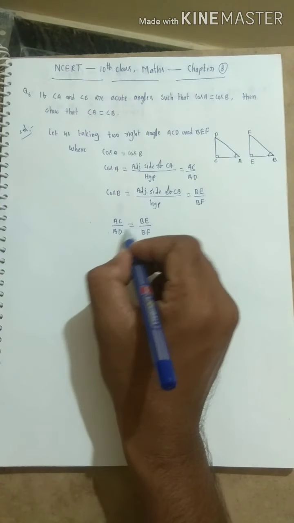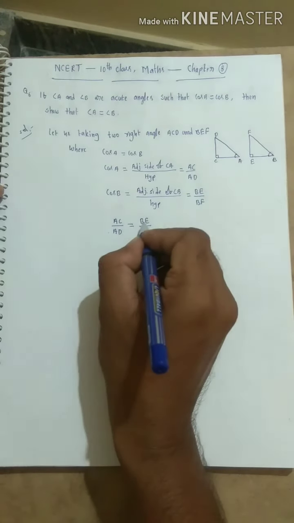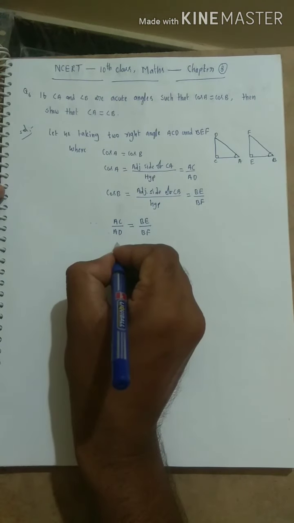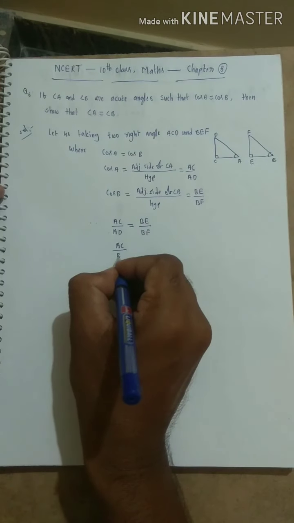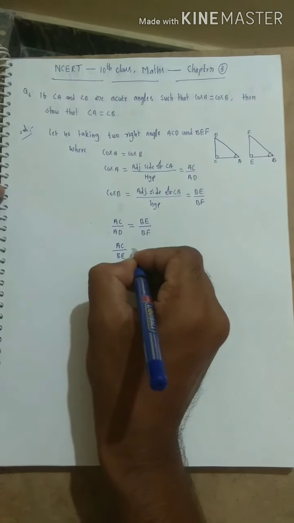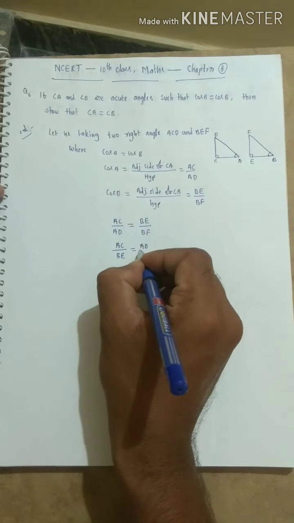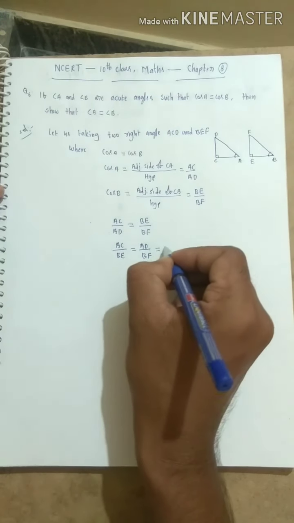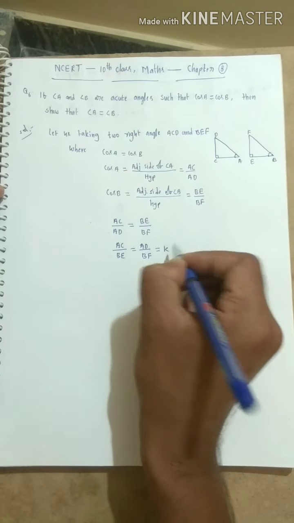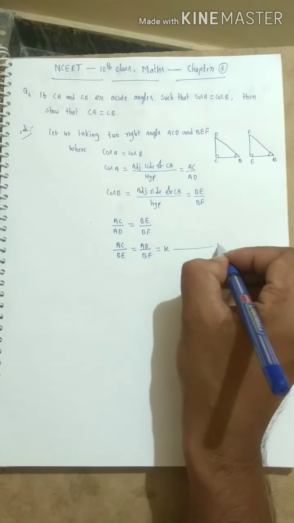Therefore, interchanging AD and BE, AC upon BE is equal to AD upon BF. We say that is equal to K. This one is equation 1.